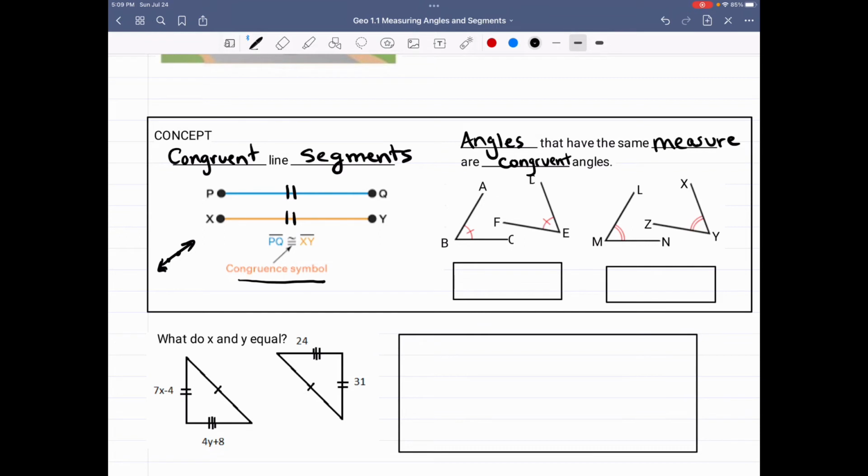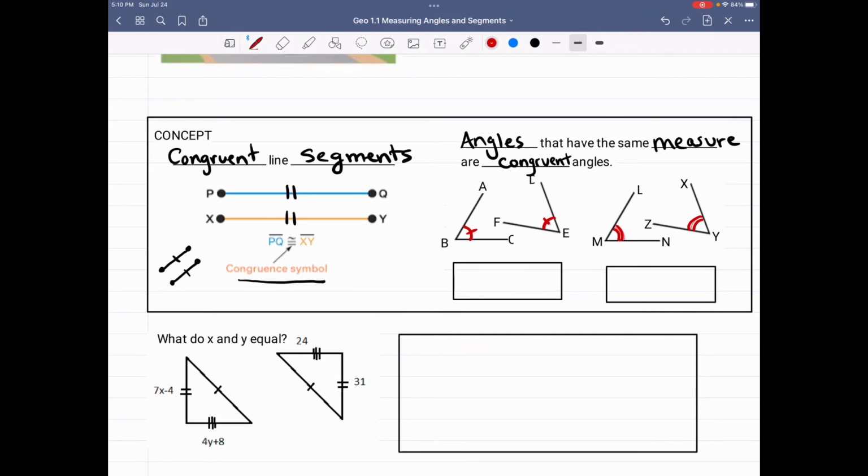I'm sorry, a segment does not have arrows on it. It's just a piece of a line. You can also just have 1 tick mark. And so in these angles, you can see there is a measurement with a tick mark in it. Another way to show that is with 2 arcs inside of the angle to show that those angles are congruent.